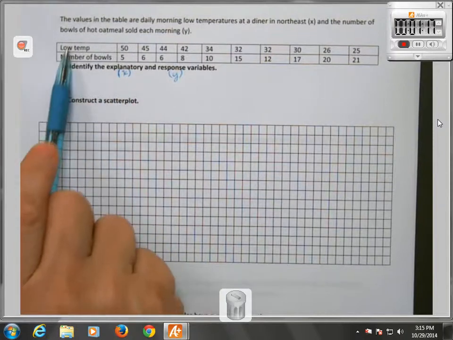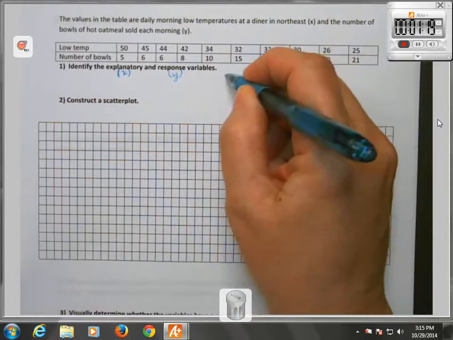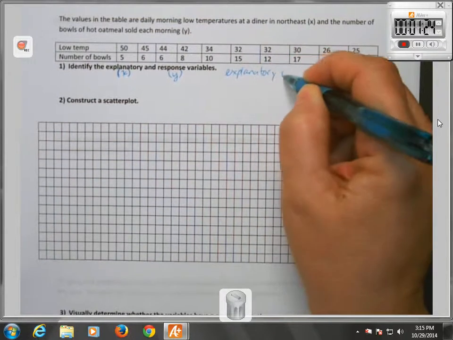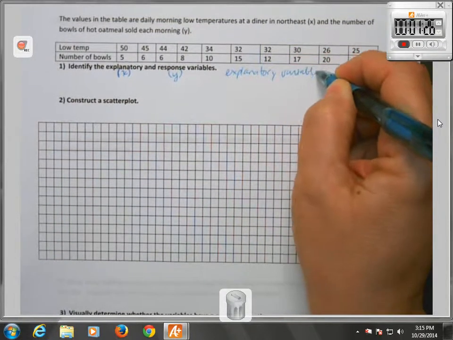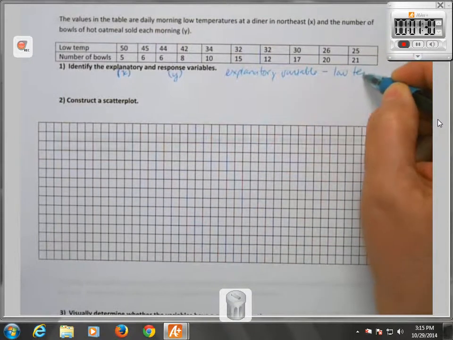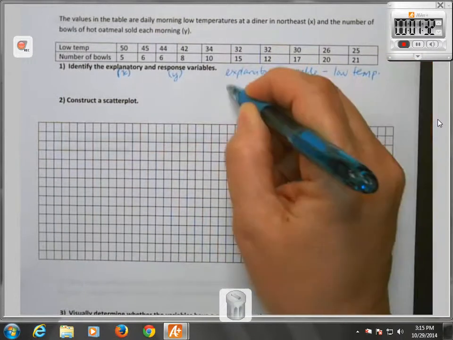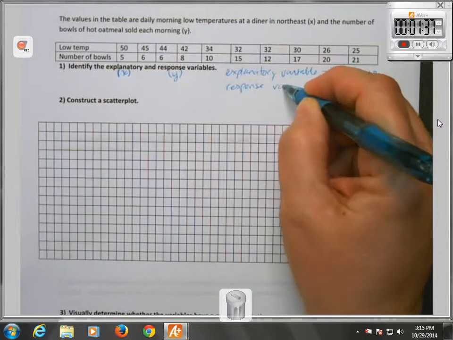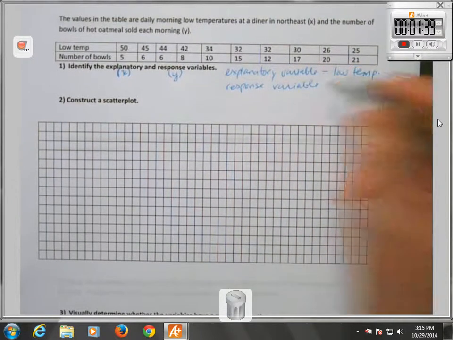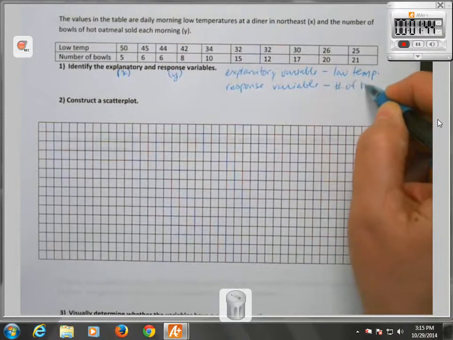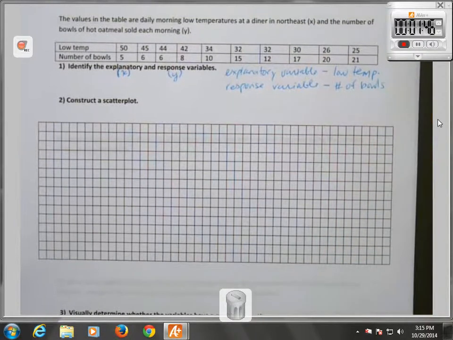The explanatory variable is the low temperatures of the morning, and the response variable is the number of bowls of oatmeal. Okay, we've done step 1.